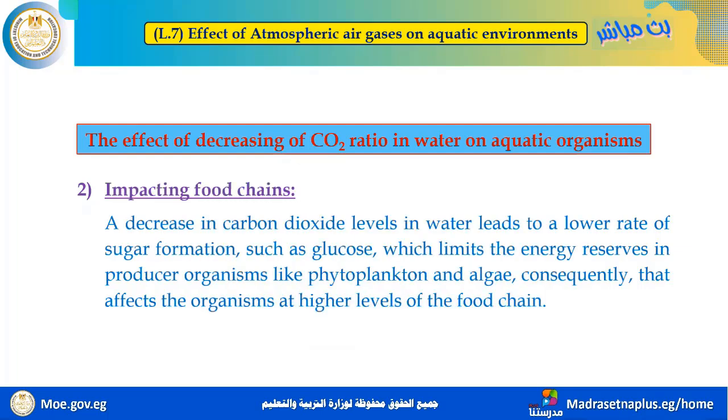The second one, the impact on the food chain. A decrease in carbon dioxide levels in water leads to a lower rate of sugar formation, such as glucose, which limits the energy reserves in producer organisms like phytoplankton and algae.